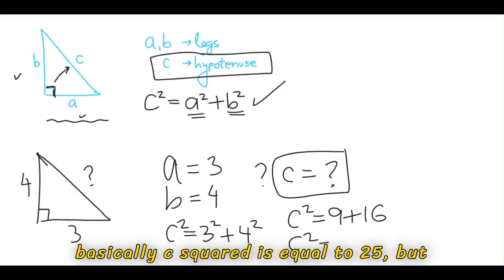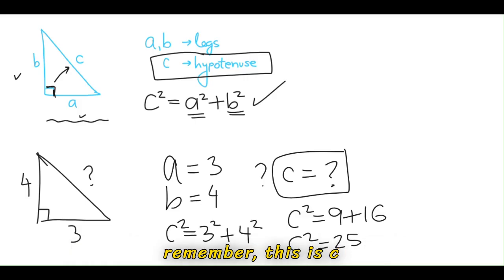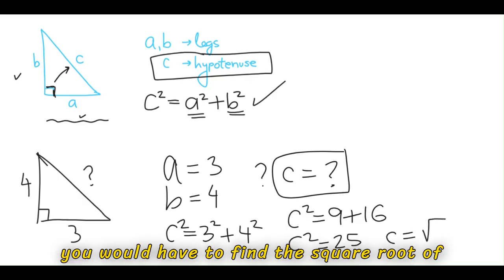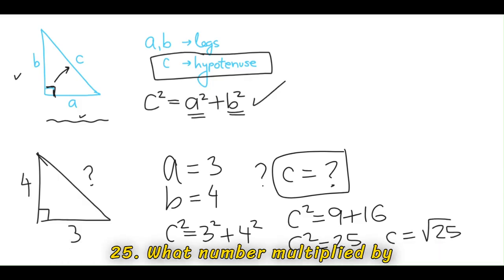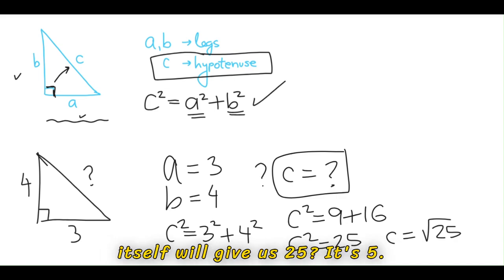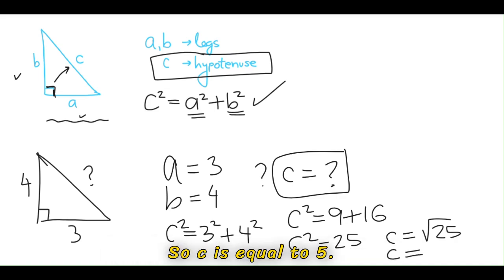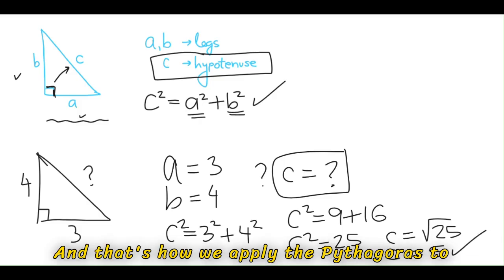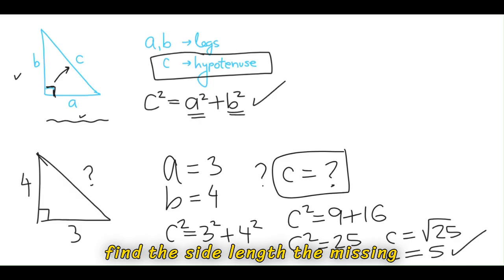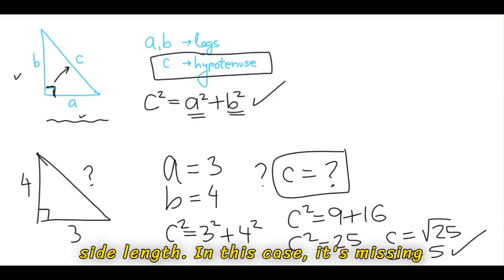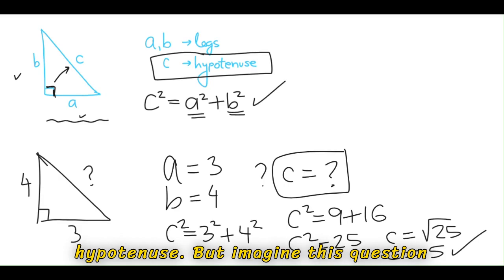So basically C squared is equal to 25, but remember, this is C squared. Now, to find C only, you would have to find the square root of 25. What number multiplied by itself will give us 25? It's 5. So C is equal to 5. And that's how we apply the Pythagoras to find the missing side length. In this case, it's the missing hypotenuse.